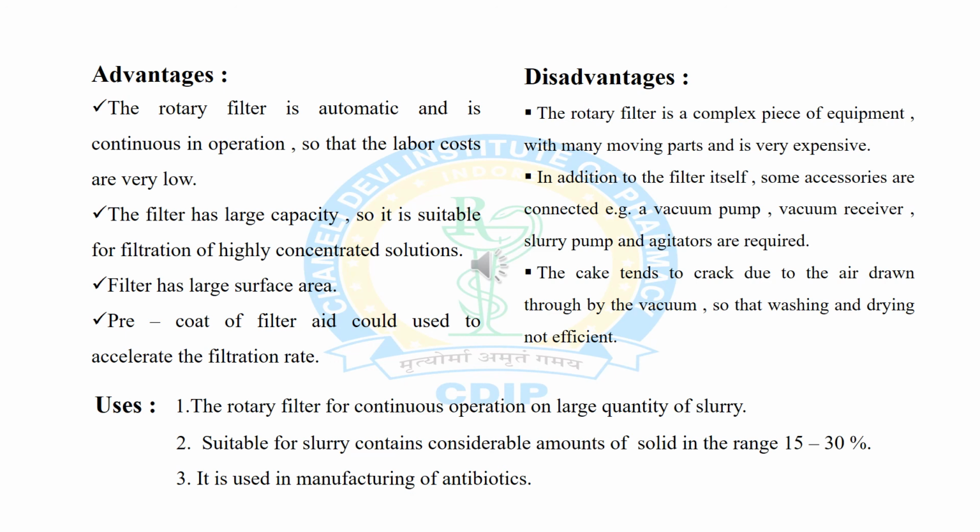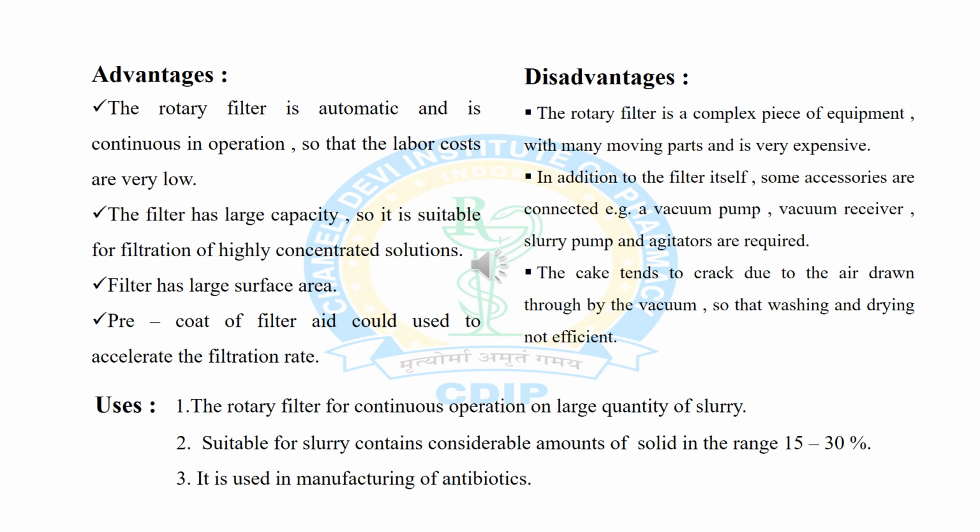It is really a drawback of the rotary drum filter. Next disadvantage: the cake tends to crack due to the air drawn through by the vacuum, so the washing and drying are not efficient.